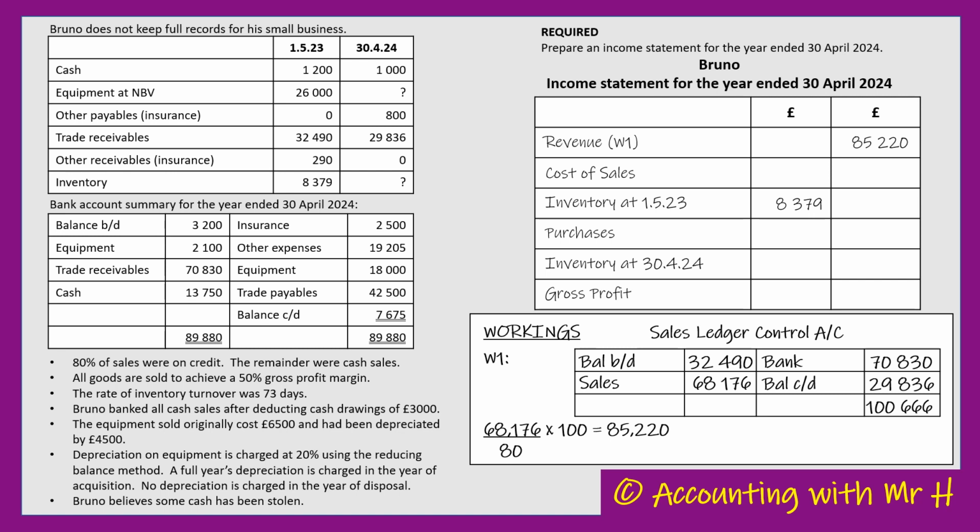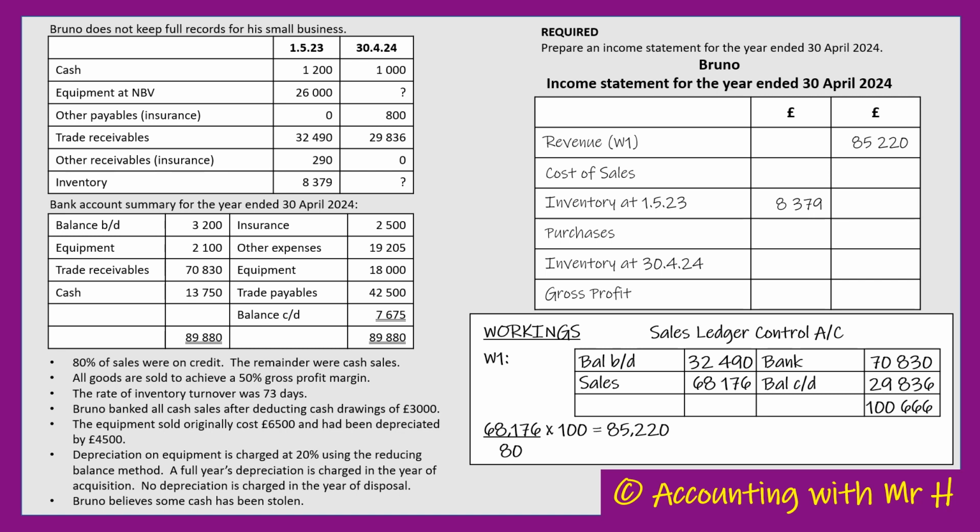So you'll see I'm using the income statement to help work out missing figures simply by putting in all of the narratives and any figures I do know. In this case, I only know the opening inventory. Then I'm going to step back and think, right, where can I go from here? There's got to be a way of either working out the purchases, the closing inventory, the cost of sales, or the gross profit.